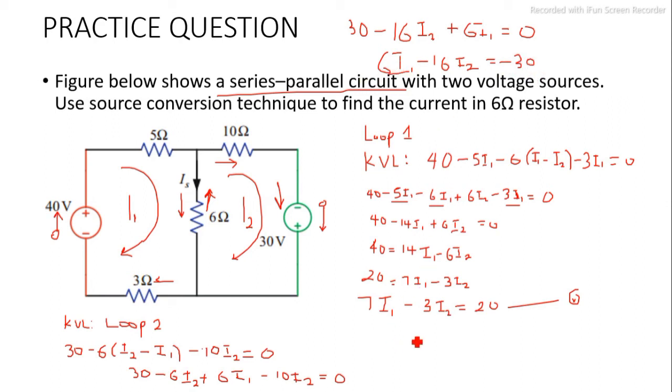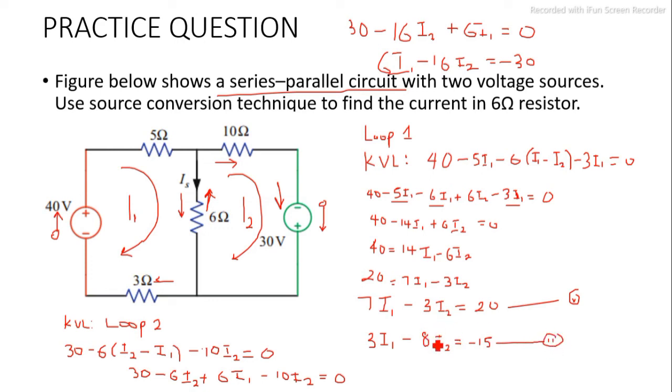I'm going to have 3 I1 minus 8 I2 equals minus 15. So this is equation 2.